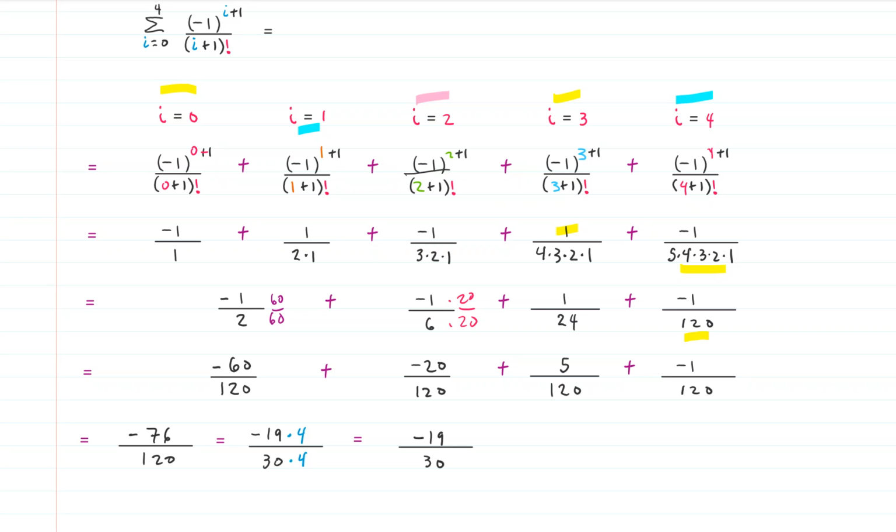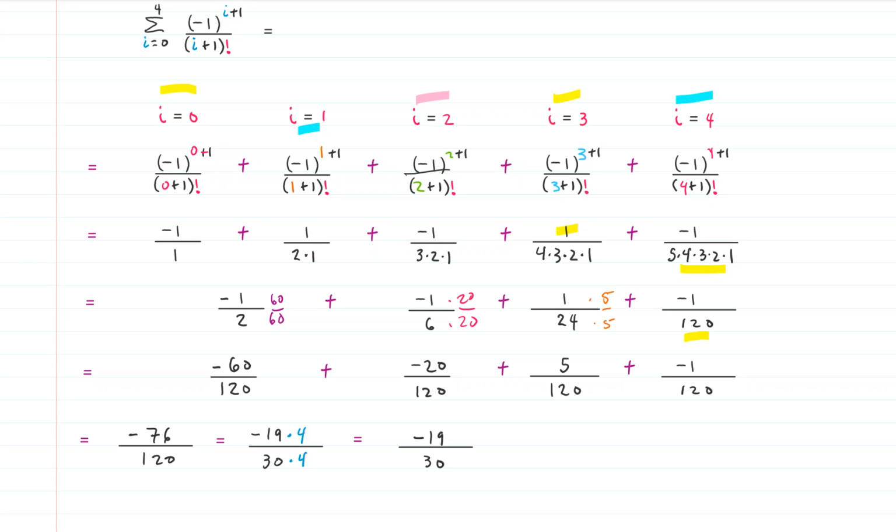The 1 over 24, I can multiply by 5 over 5 to make that 120. And the negative 1 over 120 already has the right denominator, so we're good. That leaves me with negative 60 over 120, negative 20 over 120, 5 over 120, and negative 1 over 120.